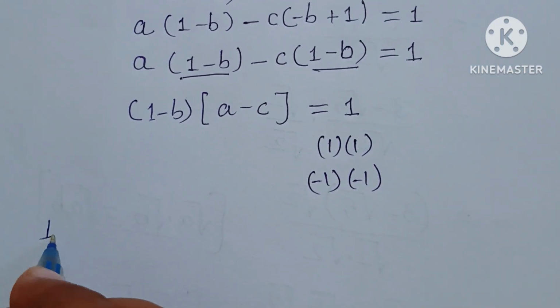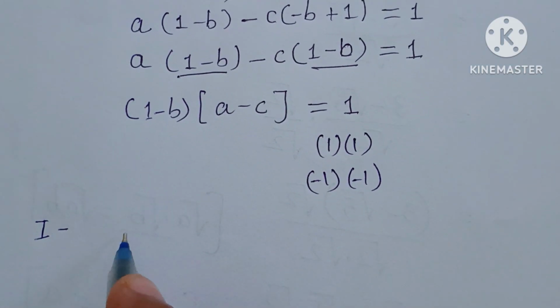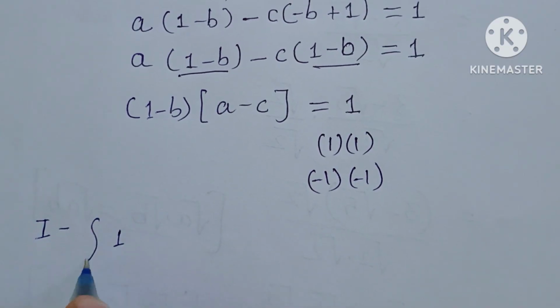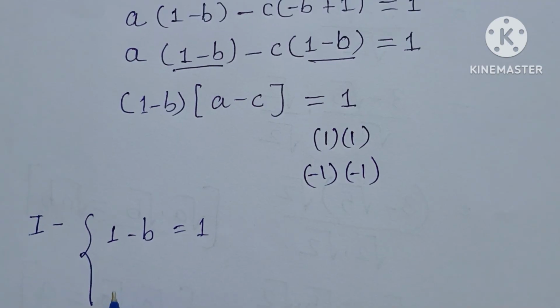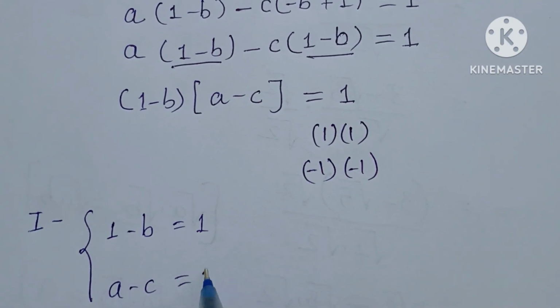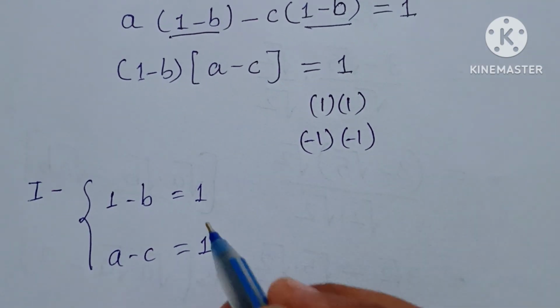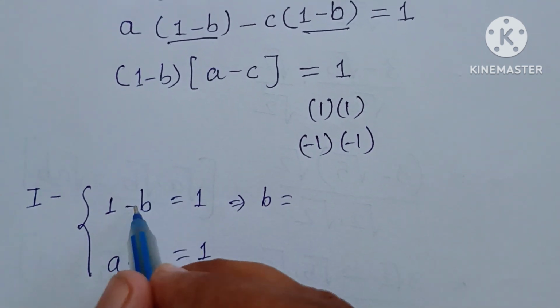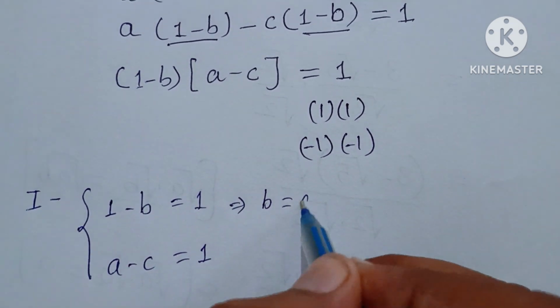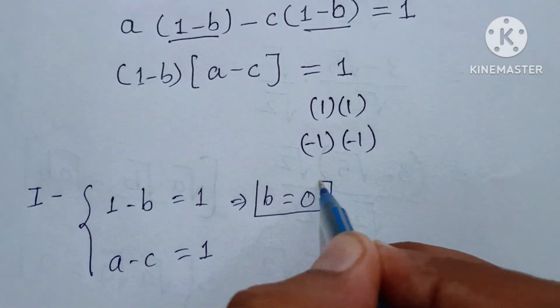So part first: 1 minus B is equal to 1 and A minus C is equal to 1. So here we get B is equal to, transfer this 1 to this side and B this side, so we get B is equal to 0.